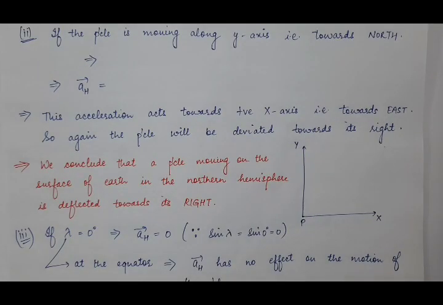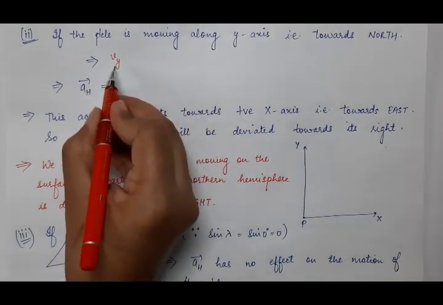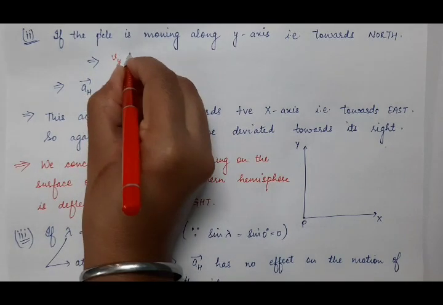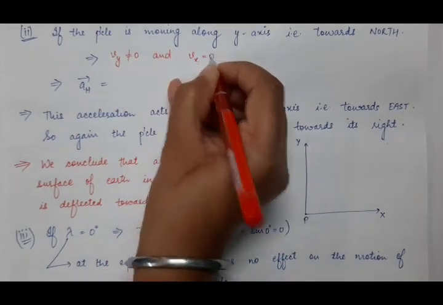Now, the second case is if the particle is moving along the y-axis. In the diagram which we have drawn in the previous lecture, the y-axis was towards north. So if the particle is moving along the y-axis, its y component of velocity will be non-zero and the x component of velocity will be 0.